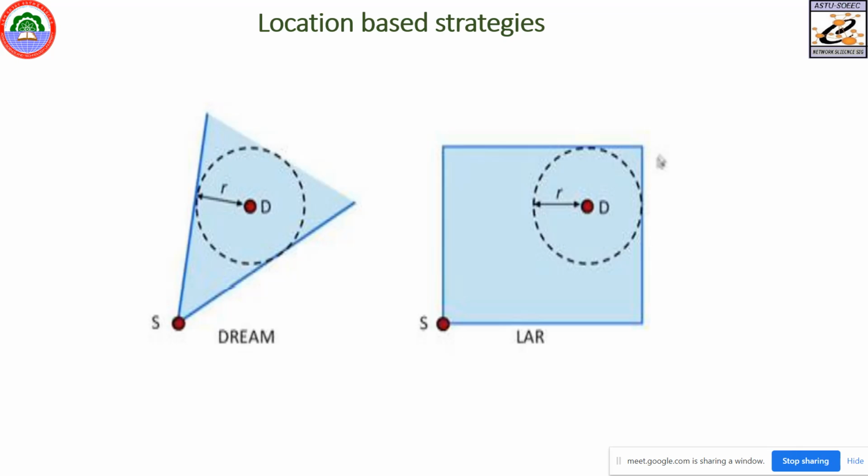From this figure itself, we can clearly observe the angle made around the range of that particular destination. Let us assume this is a destination here, and we have some radius based on this angle. Within this radial angle, it is going to transmit.